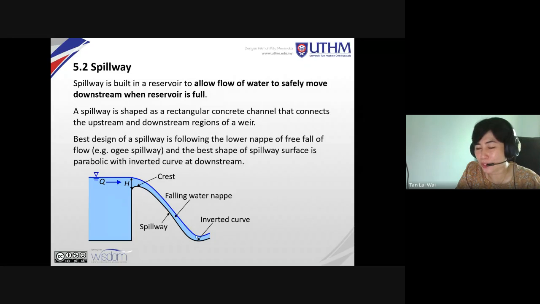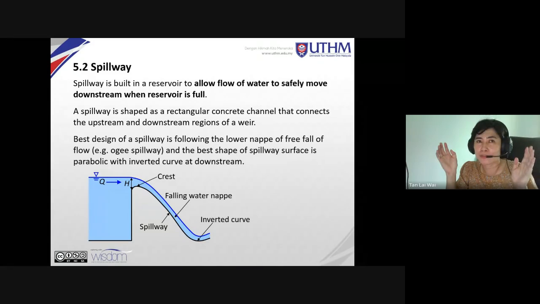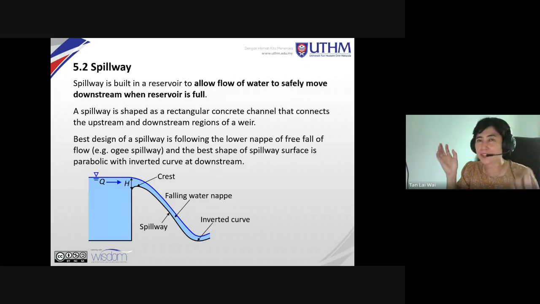It allows water to move downstream. In our course, we are not going to teach you the design of spillway. If you are interested, you can further your study into a Masters in Hydraulics, Hydrology, and Water Resources Engineering, where you can learn how to design them.